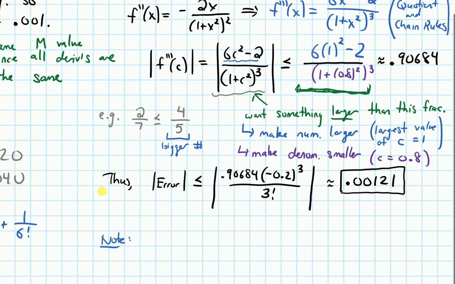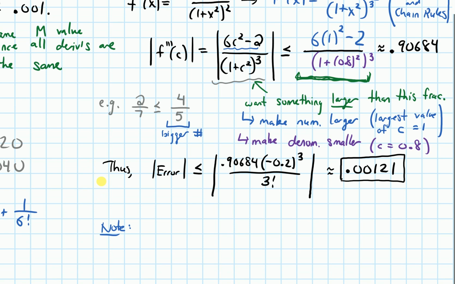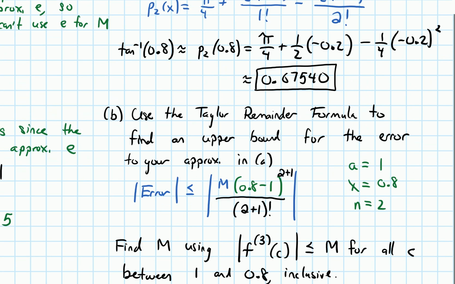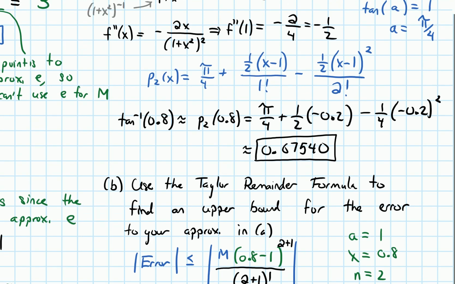So I'm going to end this video by making a comment about our series here. At least starting with the 1 factorial term, it actually starts to alternate. We have a positive term here and then a negative one.